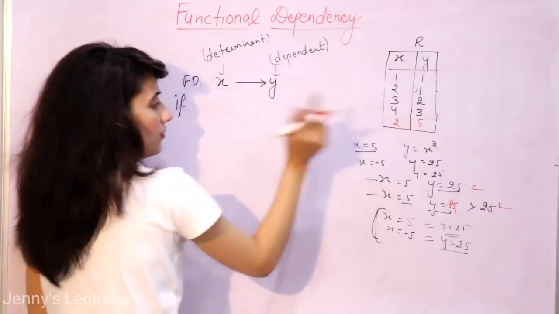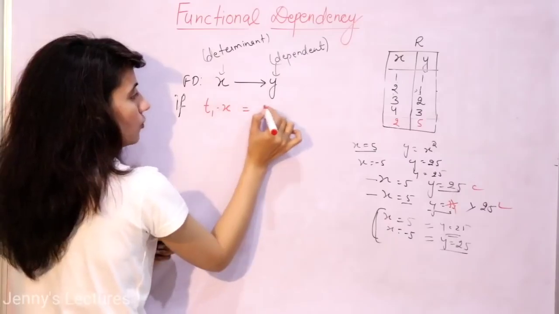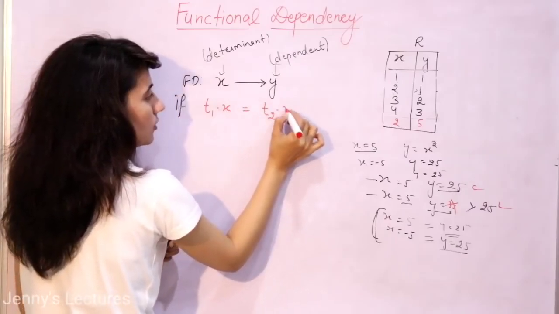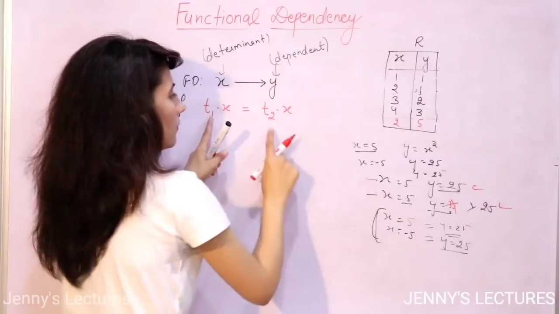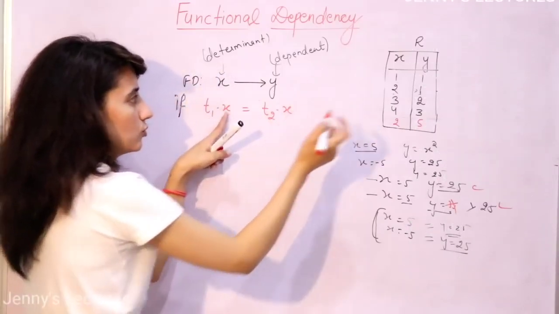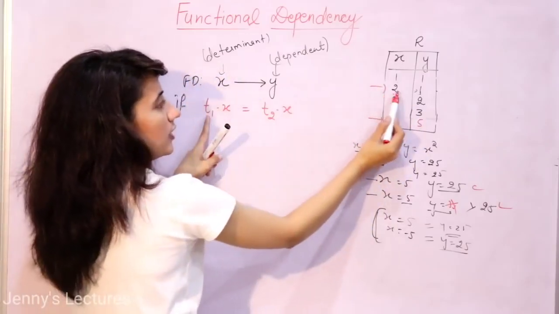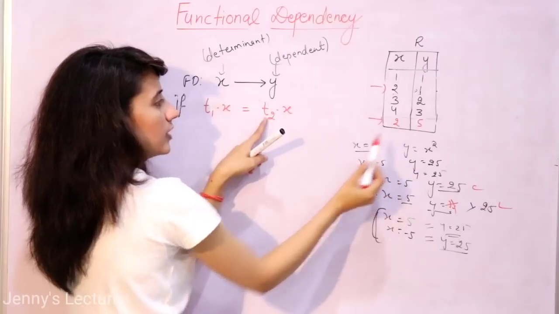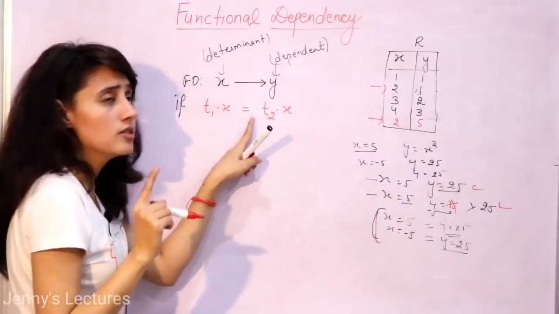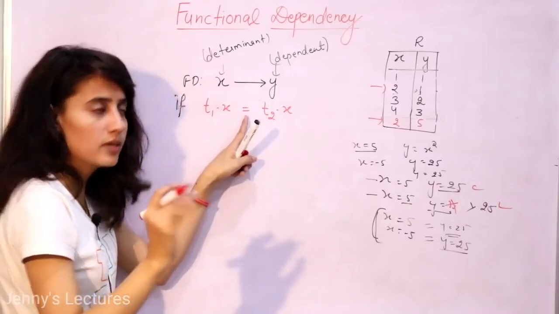So now if in two tuples, t1.x equals t2.x, fine. Here t1 and t2 mean any two tuples and x means x values. Like suppose I am taking this tuple and this tuple. t1.x is 2, t2.x is also 2, right? If this is the situation, see, this is not an assignment operator, I am comparing the values, right?